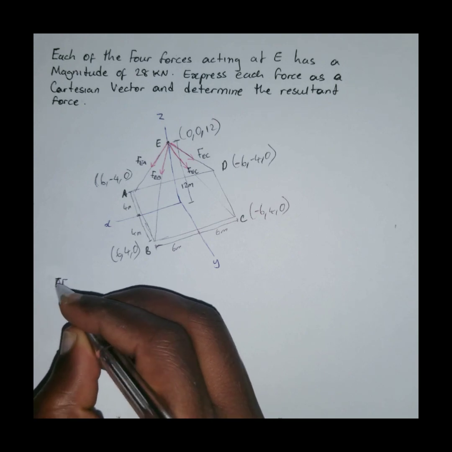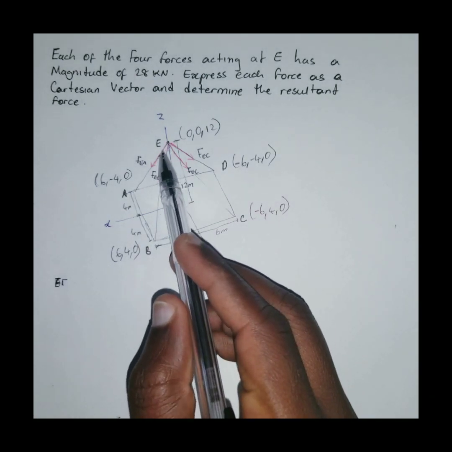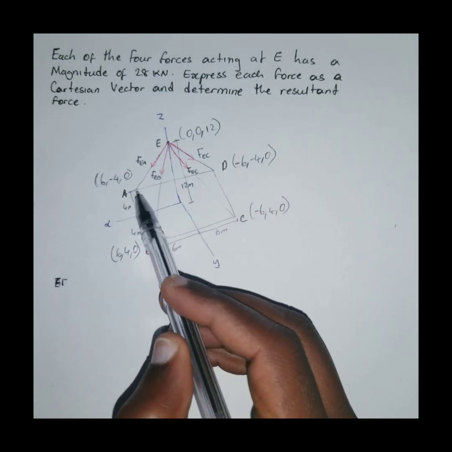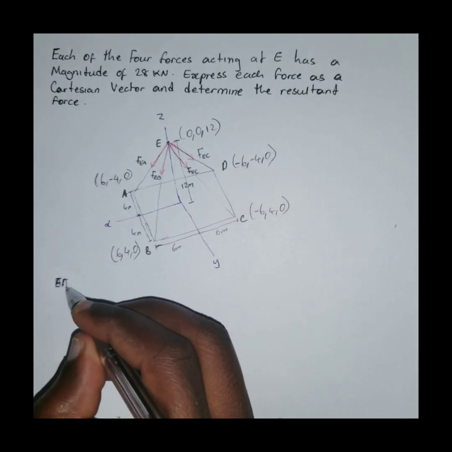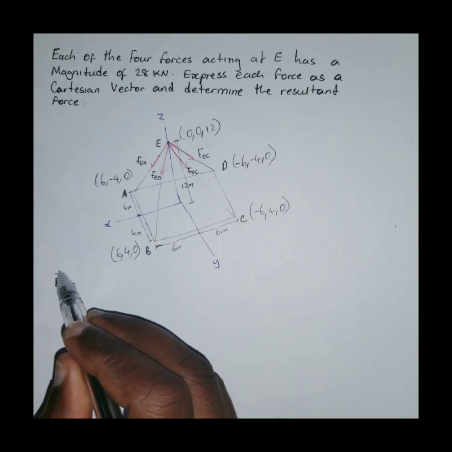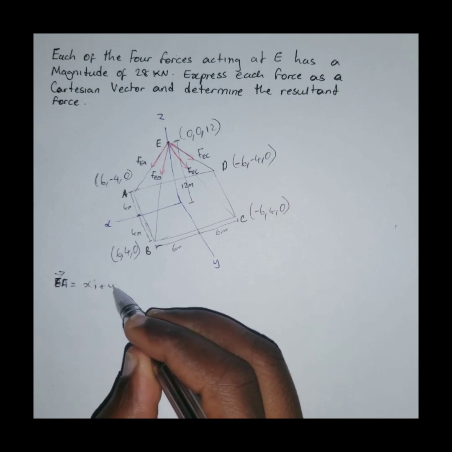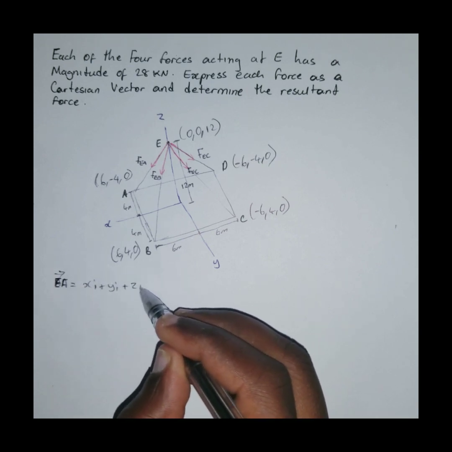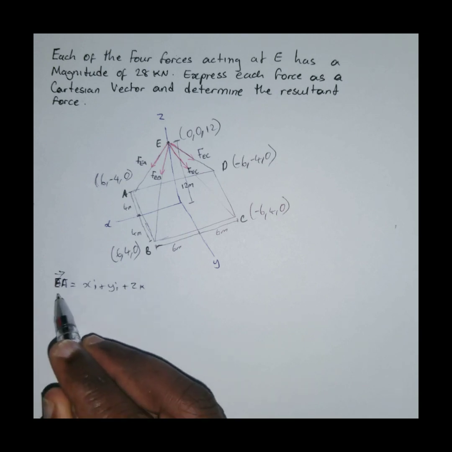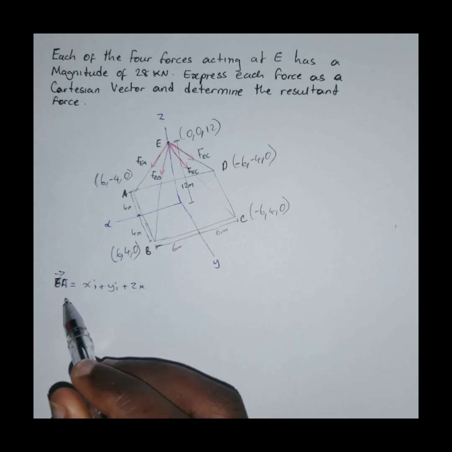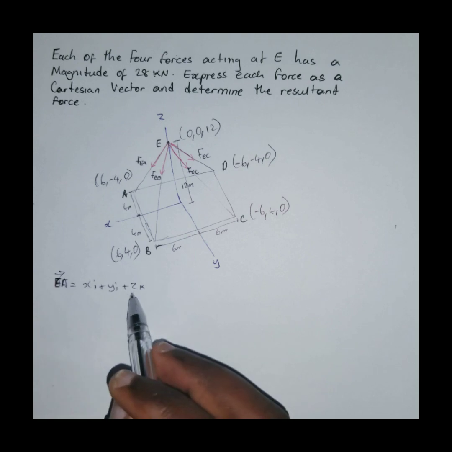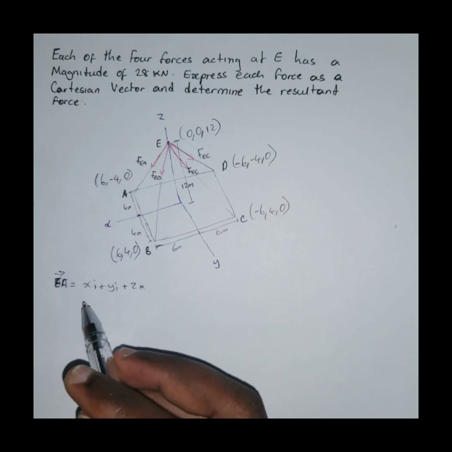Let's call this EA, because we're moving from point E to A. That's the direction of the force. So we want to write EA in the form xi plus yj plus zk, and then we want to find the unit vector of this vector EA.